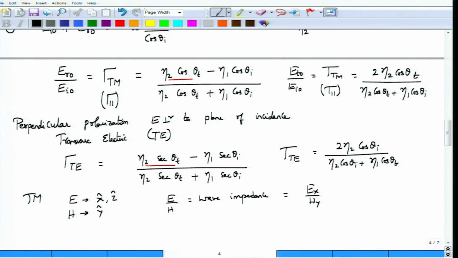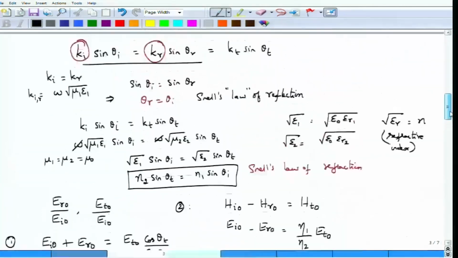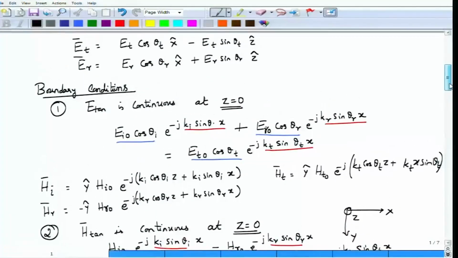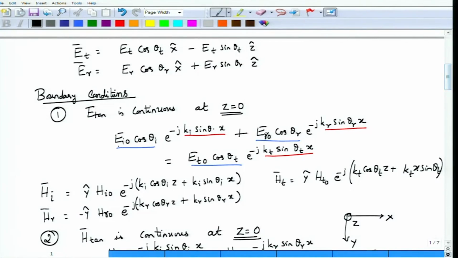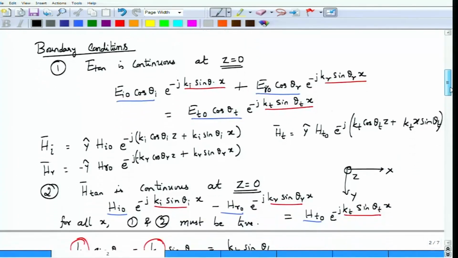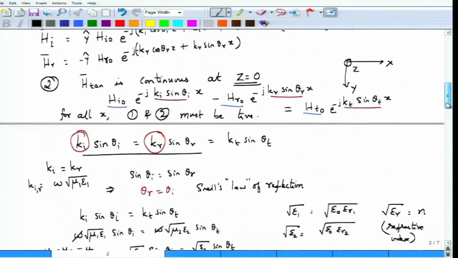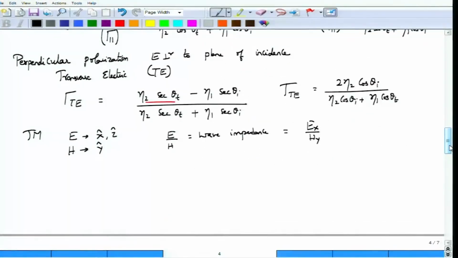And if you do this for the incident waves, what you will see is that the Ex component, if you go back to the Ex component, would be Ei0 cos theta I, right, and then the H component will simply be Ei0 by eta 1. So, for the TM case what you have is Ei0 cos theta I being the actual component of the electric field along the x direction, divided by the magnetic field strength Ei0 by eta 1.